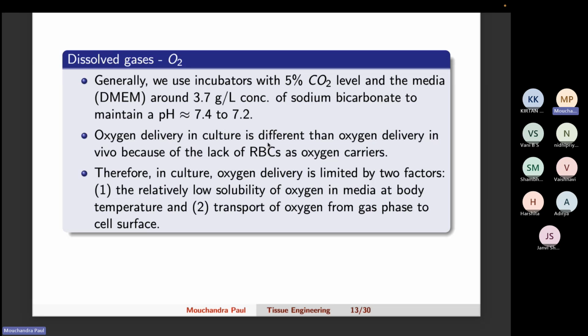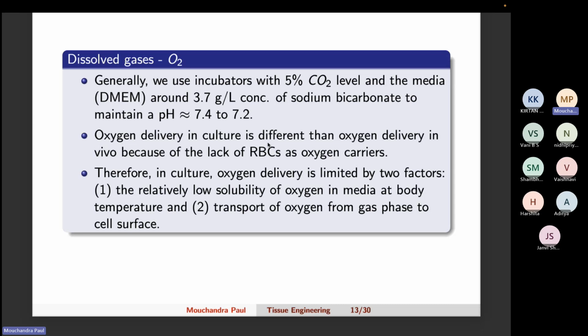In the air there is already oxygen, but this oxygen has to get dissolved in the media. That is the main difference when you are culturing cells in vitro compared to in vivo. In vivo there are RBCs that carry the oxygen molecules to the cells, but in vitro the oxygen has to get dissolved in the medium.